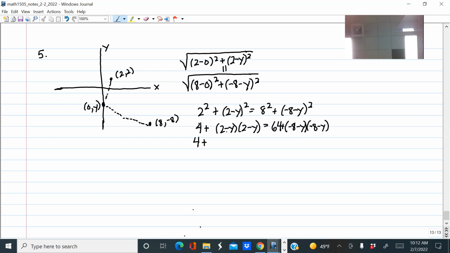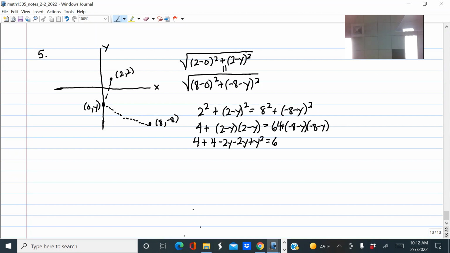Remember, every term here by every term here: you take the 2 and the minus y and you multiply each of those terms by the 2 and the minus y in the second set of parentheses. So that's going to give you 2 times 2 is 4, and then a minus 2y, and then another minus 2y, and then minus y times minus y is plus y squared.